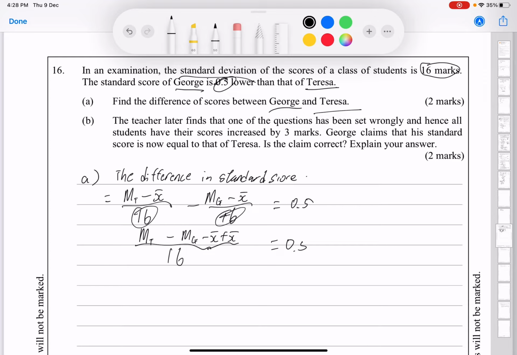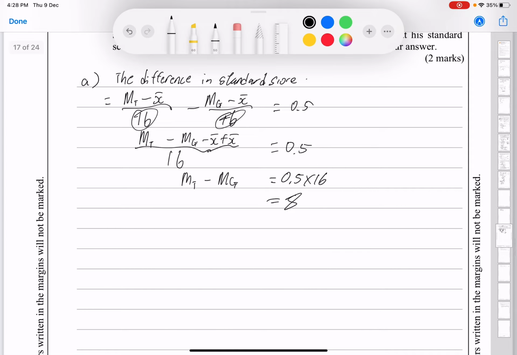Okay, it's still 0.5. So MT minus MG is 0.5 times 16, which is 8. The difference in mark would be 8.